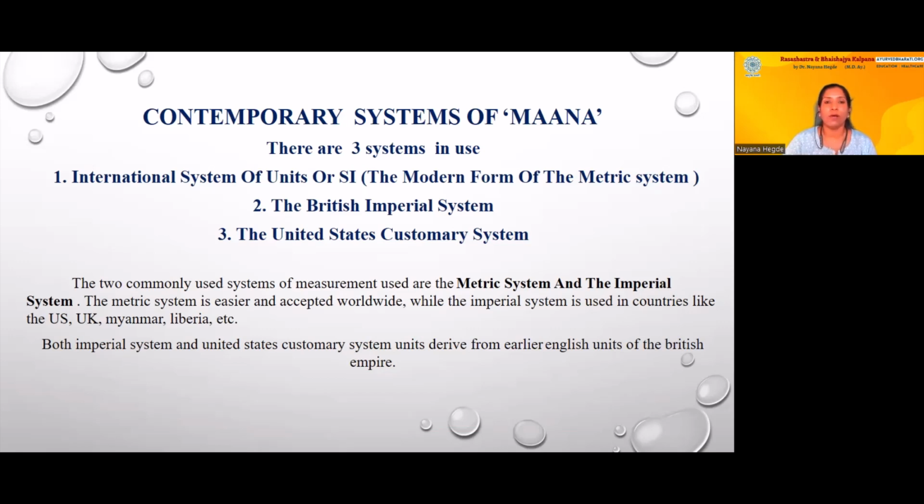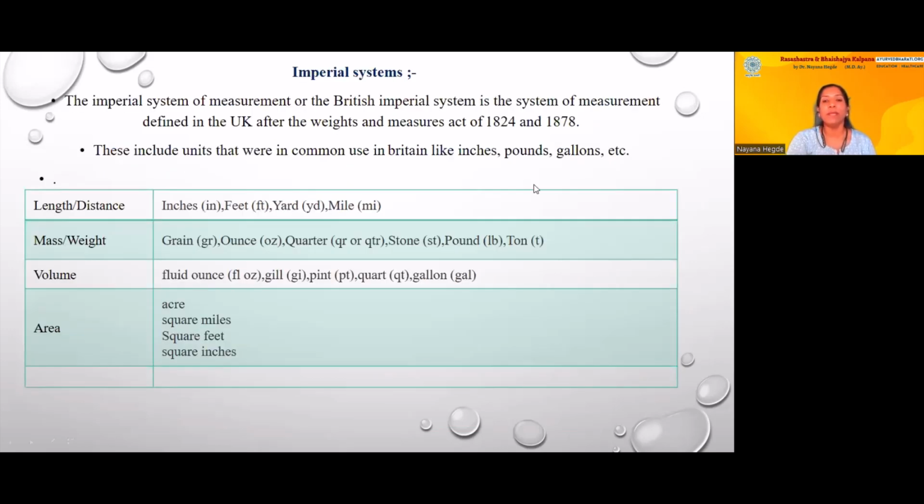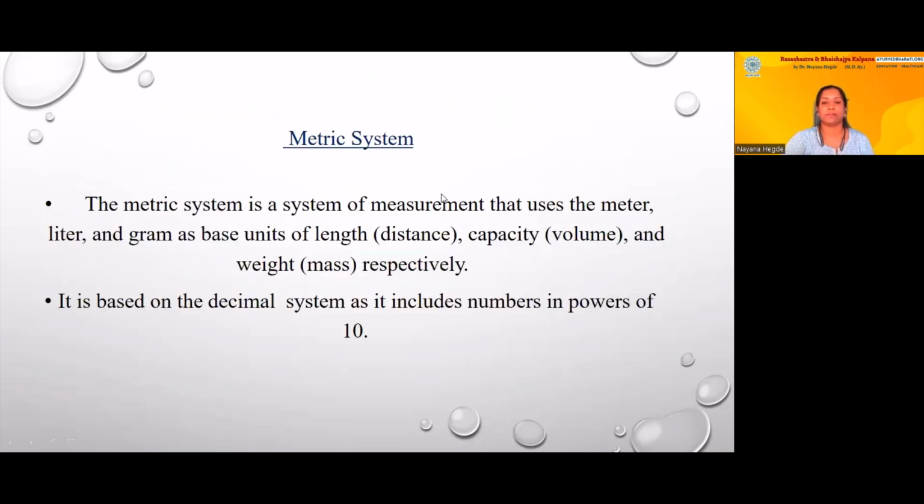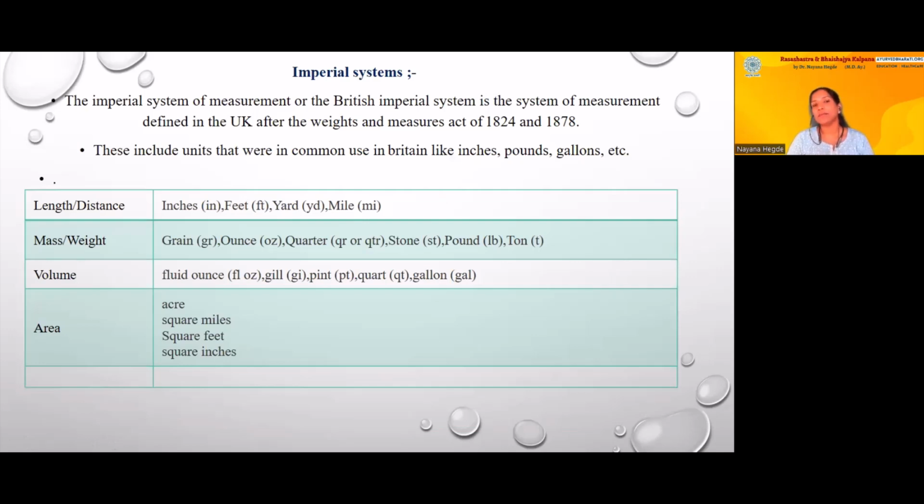So now we are going to study the imperial system.